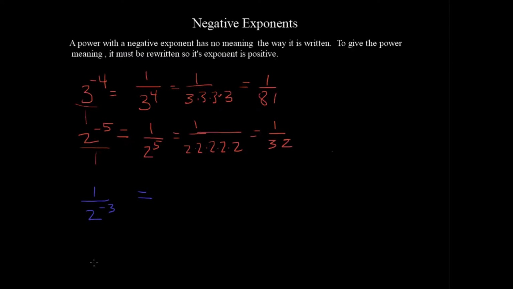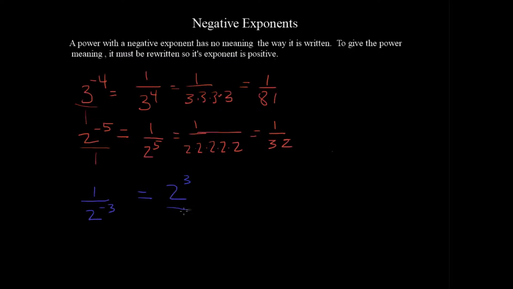We're going to follow the same theory that we used in the above examples. We're going to show the reciprocal and change the exponent from negative to positive. But instead of putting this under 1, it's already under 1, so we're going to put this over 1.